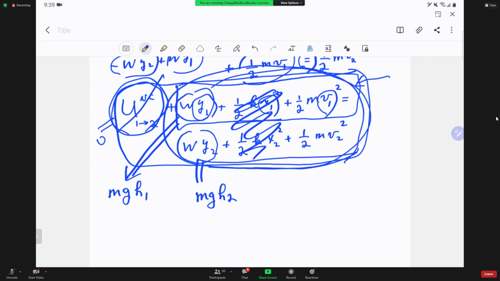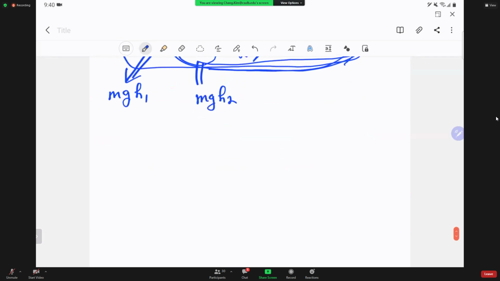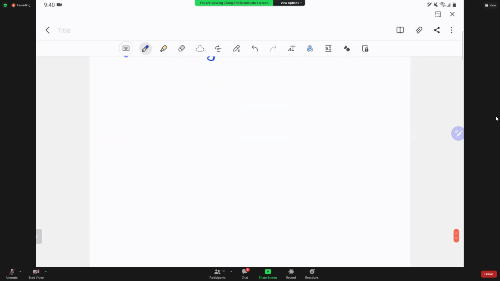So we're going to utilize these energy equations for the next few classes, and that's about it.